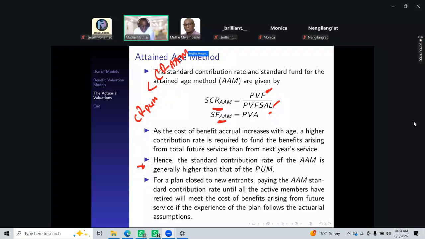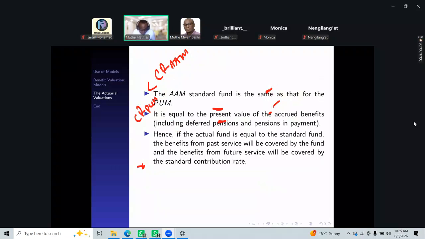This is expected, because in attained age, of course, we are using reference for all future years. So the contribution needed to fund all liabilities from all future years will be higher than what you need to fund just the next year of service, right? So of course you can read more about that here.